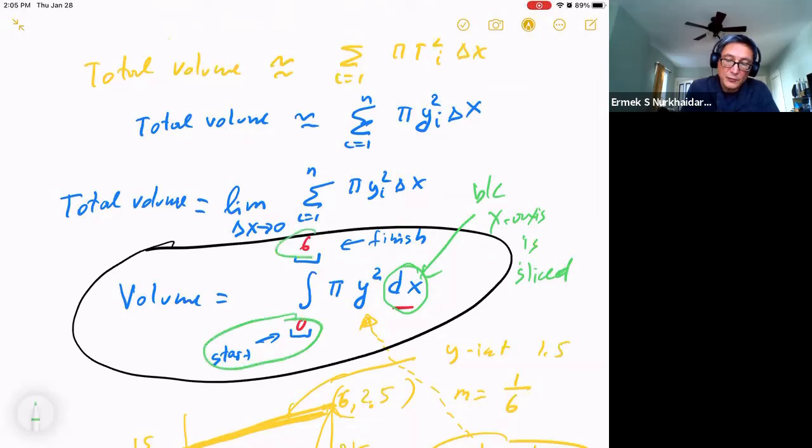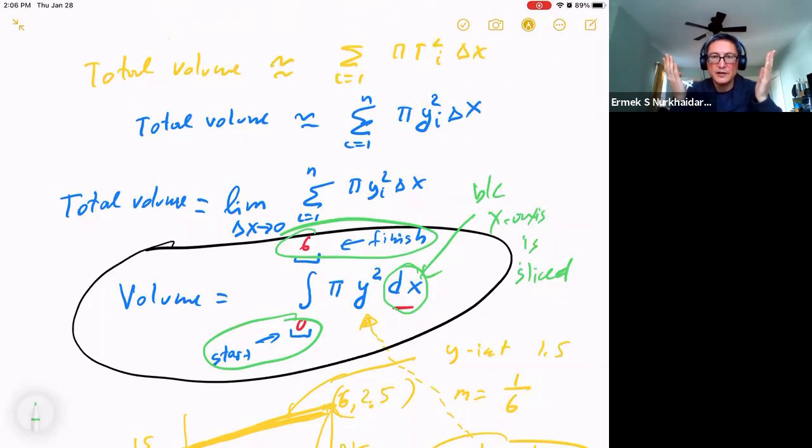Where do we start slicing and where do we finish slicing? What was the first position, what's the last position? Between which two values of x do we do slicing? We start somewhere here and we finish somewhere there. So the starting and finishing positions are kind of obvious.